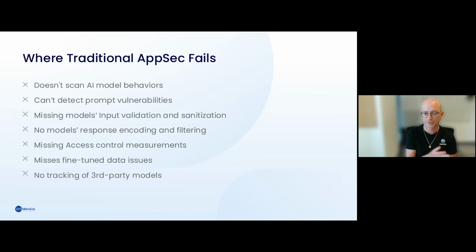When it comes to models, they miss fine-grained data issues and have no tracking of third-party models at all. So all of this results in the fact that with traditional application security tools, you have very limited to no visibility into the usage of AI, and definitely not the tools to protect against the threats.